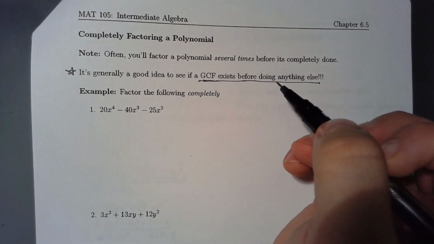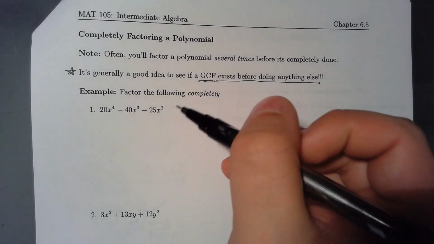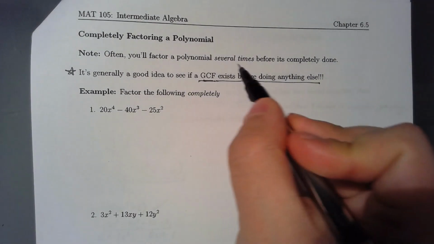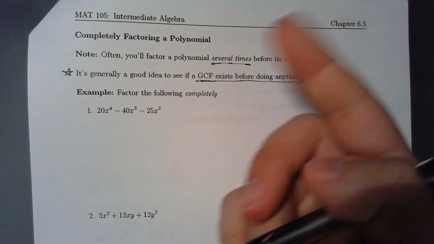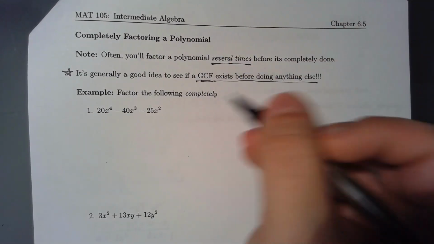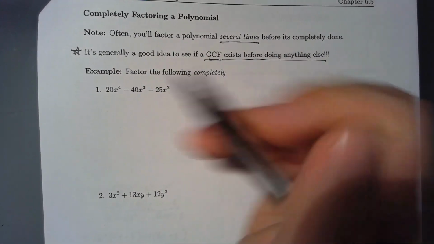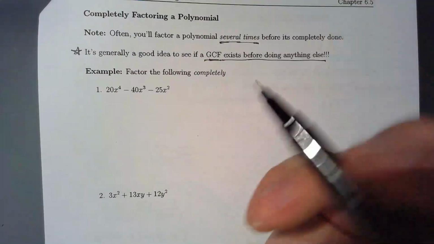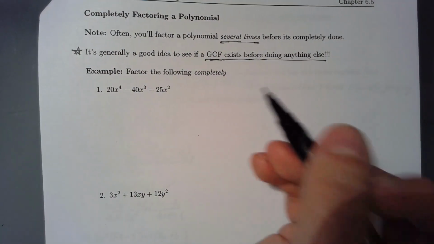Often when you're factoring a polynomial, you might have to factor it several times. Factoring it once is usually uncommon. You have to factor it as much as you can. So the first thing you should do, and we'll summarize this after we look at all the techniques of factoring, is factor out a GCF if it exists.